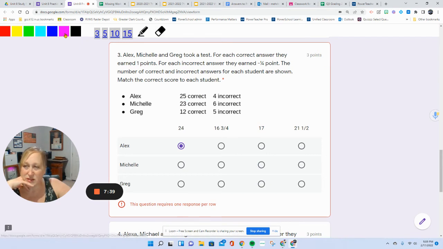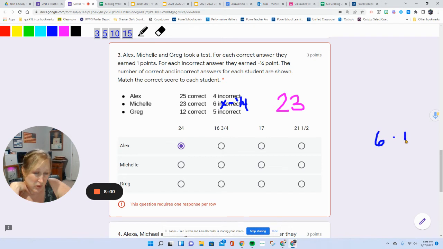All right, we're going to try the next one. Michelle got 1 point for each correct answer, so she got 23 points for all of her correct answers. But she lost points. That would be 6 times negative 1/4. So I'm going to put 6 times negative 1/4.